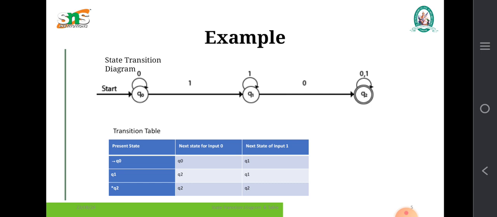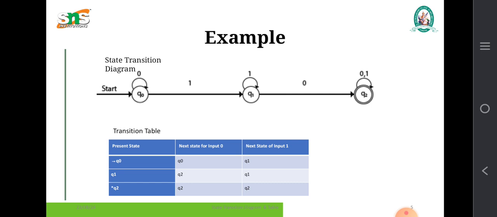Then in the third row, they have given star Q2. What does the star represent? This is nothing but the final state. In this Q2, by getting 0, what happens? It stays in the same state Q2. Again, by getting 1 as an input, it stays in the same state Q2. That is what is given in the third row. So all the representations of states are given here.